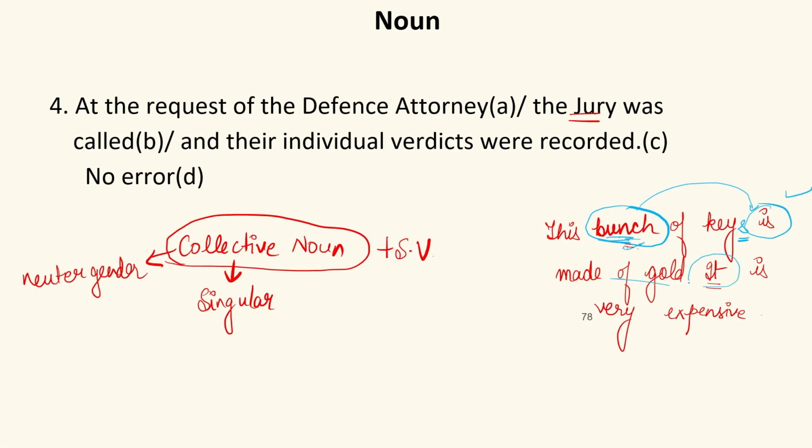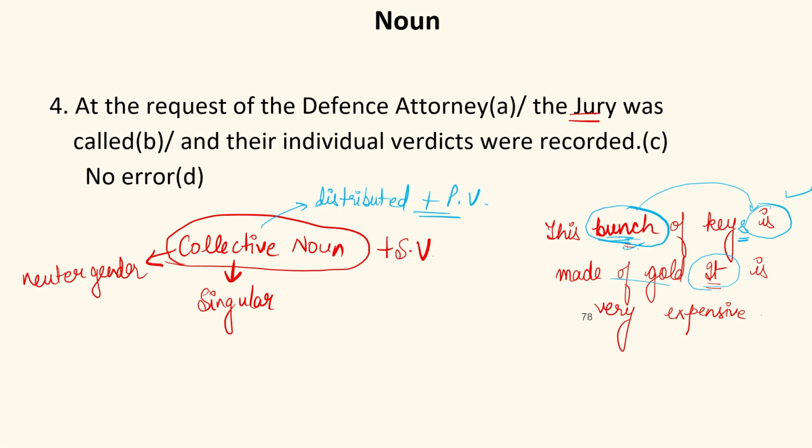Now this is one part of this. Another part is that whenever a collective noun is used in distributed form, we use a plural verb with it. How? When a collective noun is used in distributed form, it means we are not talking about the collective noun as a group, but we are talking about the members or the contents in it.